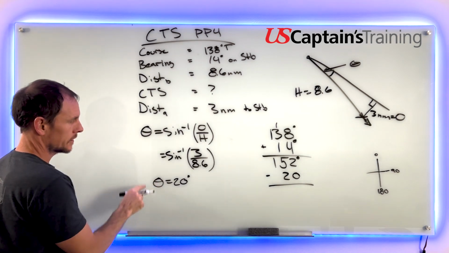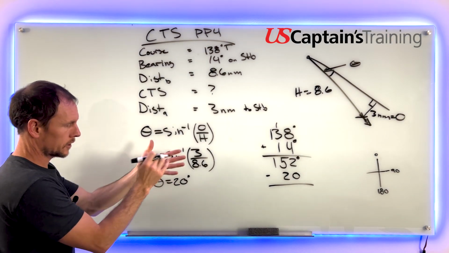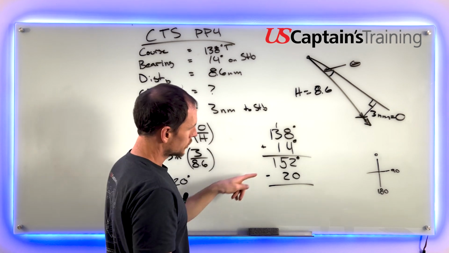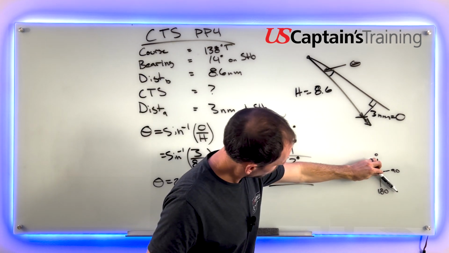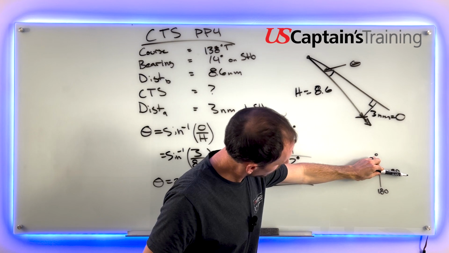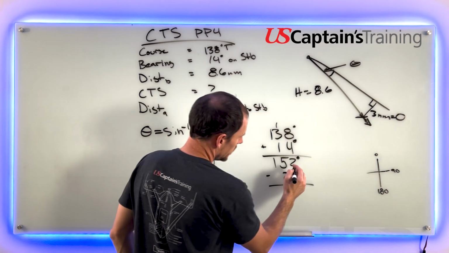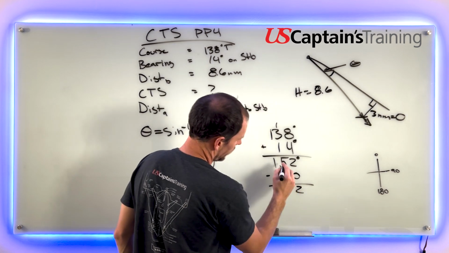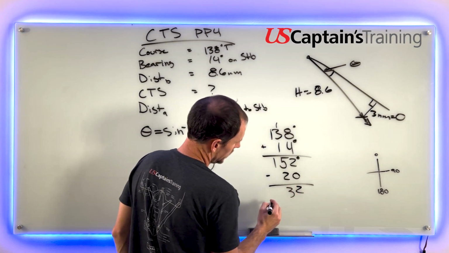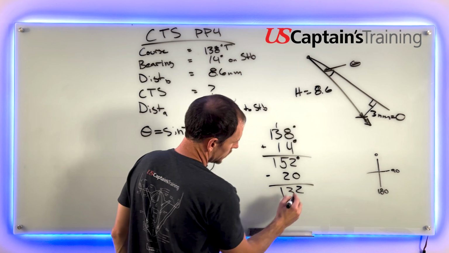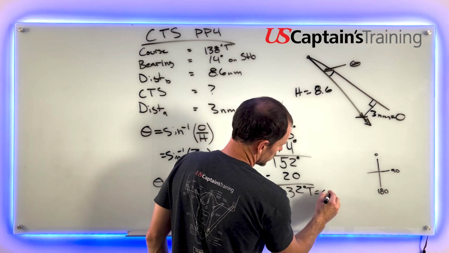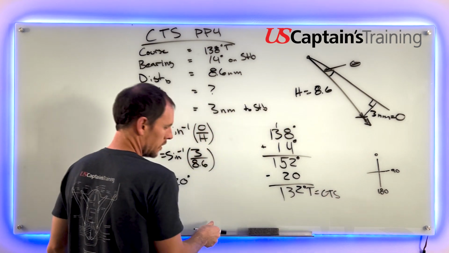It's not this. This is not the hard part. This is just doot, doot, doot. This is hard. This is how you keep it straight. So 152, we leave it to starboard, so we're correcting this way. Minus 20, 2 minus 0 is 2. 5 minus 2 is 3. 1 minus 0 is 1. 132 degrees true, equals the course to steer.